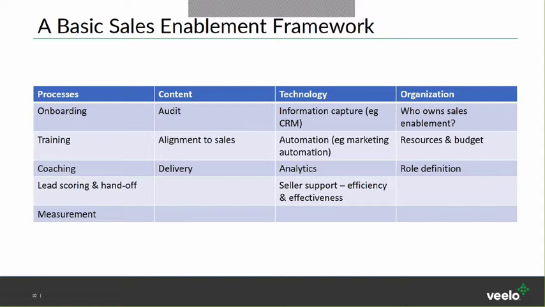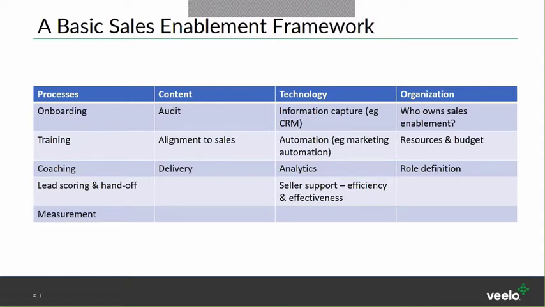When it comes to technology, I'd say most organizations, not all, have CRM, and that's largely information capture and managing pipeline. Probably have some sort of marketing automation, and those two are kind of the basics. Hopefully, out of those two systems, you're able to do something around analytics.